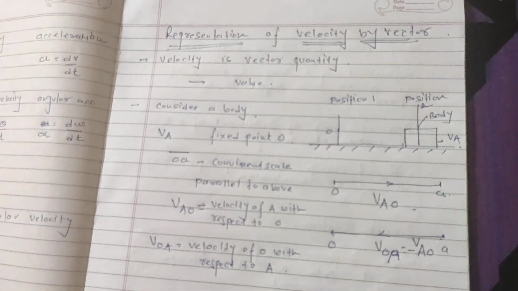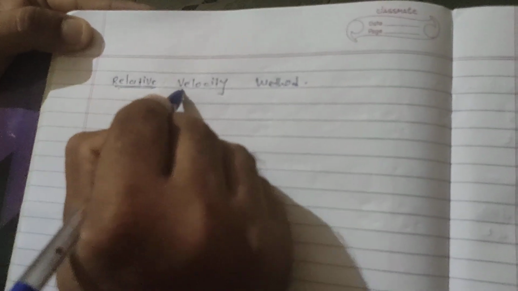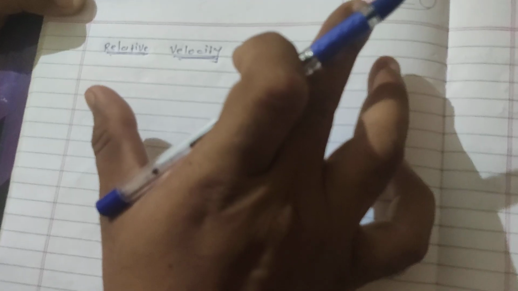Now another point, the relative velocity method. So first of all, what do we mean by the relative velocity method? In the relative velocity method, first of all we have to draw a diagram, a configuration.